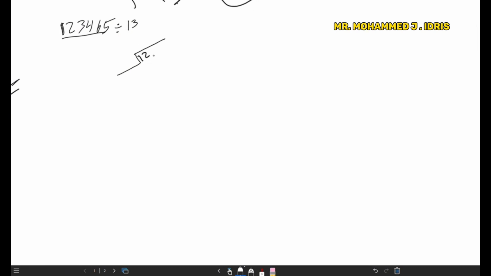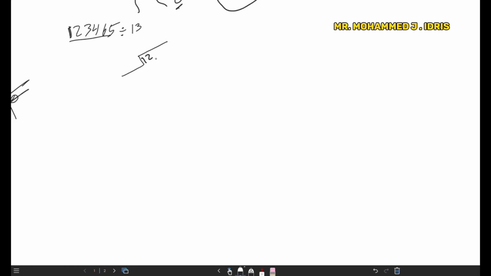1, 2, 3, 4, 6, 5 divided by 13. I'm sure no one memorizes the multiplication table of 13 by heart. So, just in case, I'm going to write the multiples of 13 on the side here.